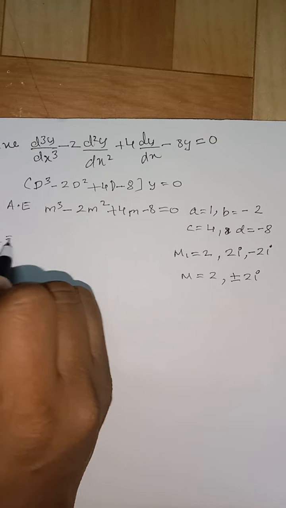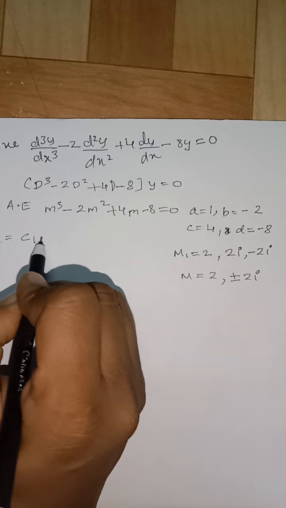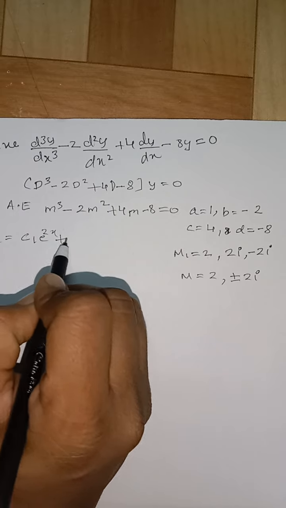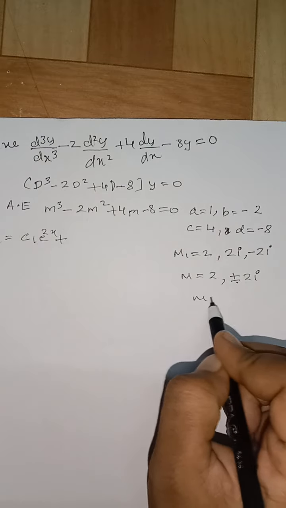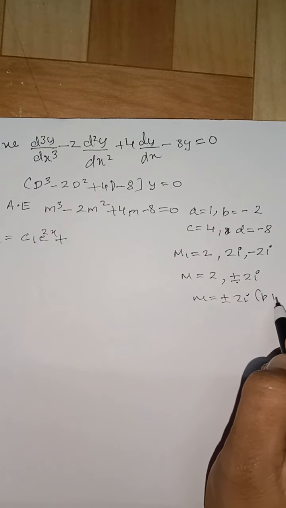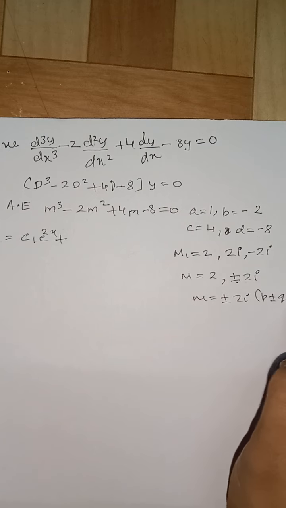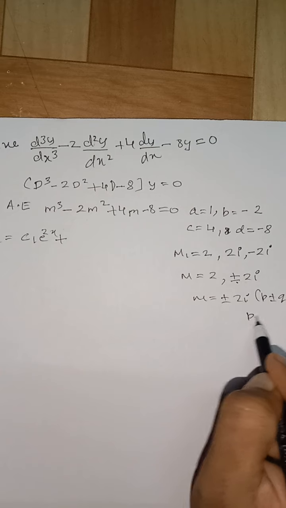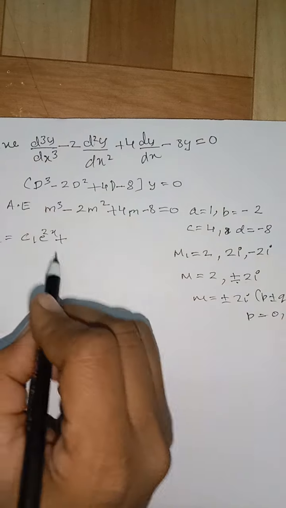Complementary function yc is, for the root 2, it is equals to c1 e raised to 2x plus, for plus or minus 2i, if I consider it, compare it to p plus or minus qi. So this will give you value of p equals to 0 and q is equals to 2.